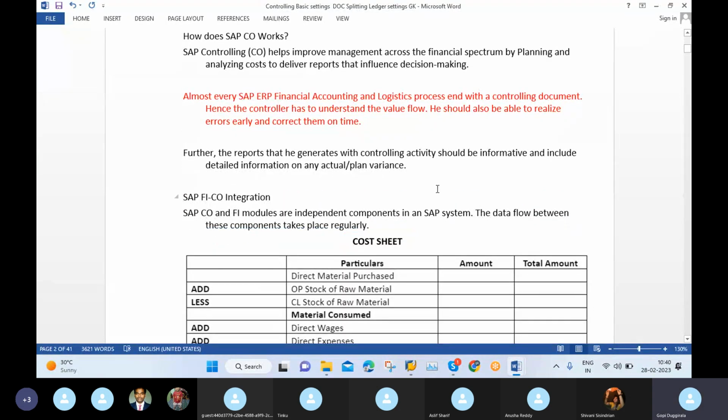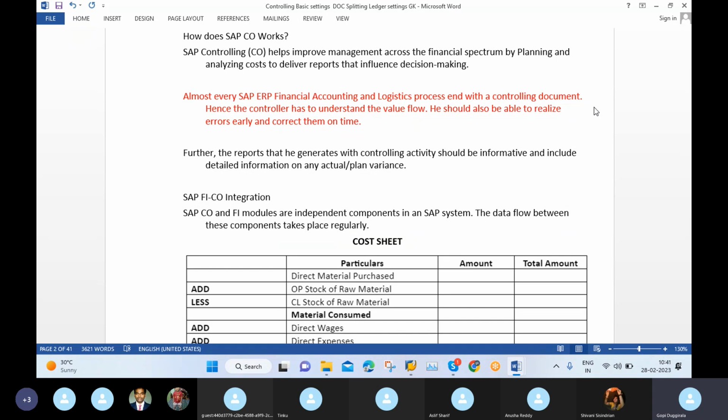Okay. From tomorrow onwards we can discuss the configuration part, which is related to basic controlling settings. See, before posting our general entries, first of all we make some settings from the controlling point of view. You can activate the controlling area, and you can tell the system what our cost center standard hierarchy is. And we can maintain number ranges for documents for the controlling module.